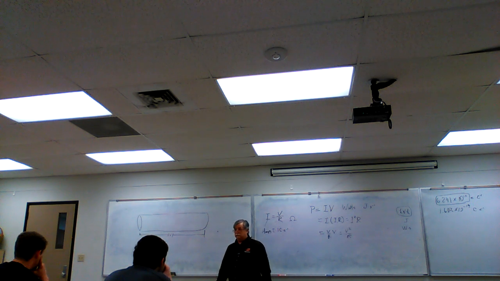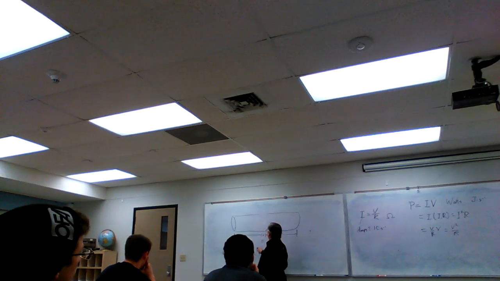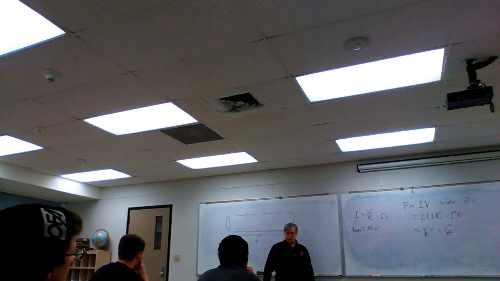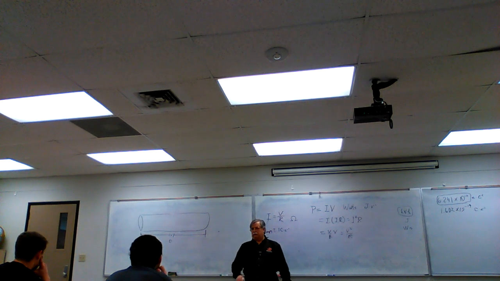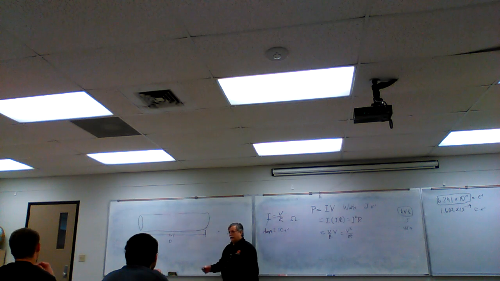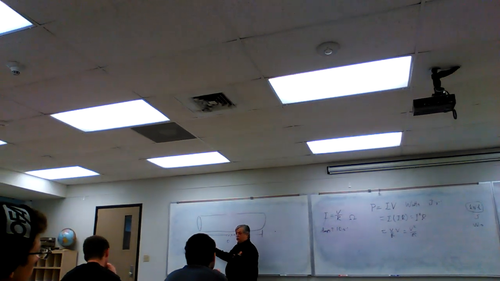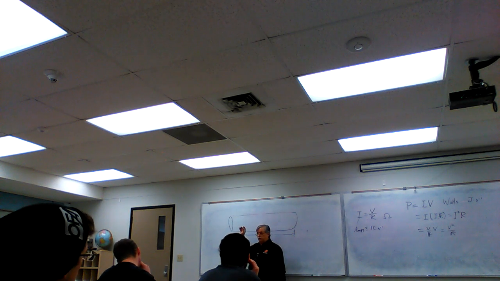The wire itself. Yeah. 0 volts. Is that actually the true value? It's close. For practical purposes, it is. But we also know that this wire is not 0 ohms.